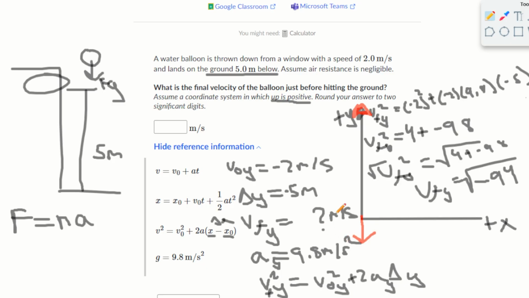If we look, this side is what's making us end up with a negative answer. The only way to make it positive is to make this negative cancel out, and to do that we have to multiply by a negative number. We can't multiply by negative 2, because 2 is just a constant in the equation. What we have to multiply by is a negative 9.8.